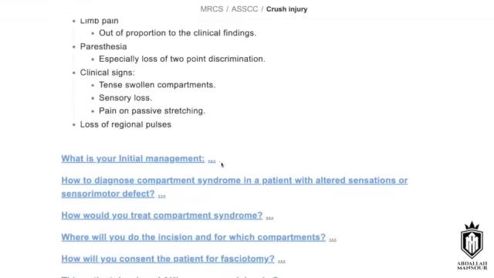Okay. What's your initial management? First, you have to check the compartment pressure.